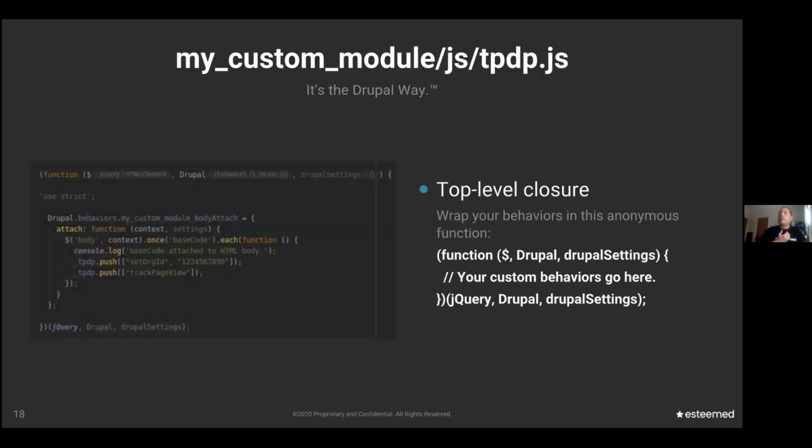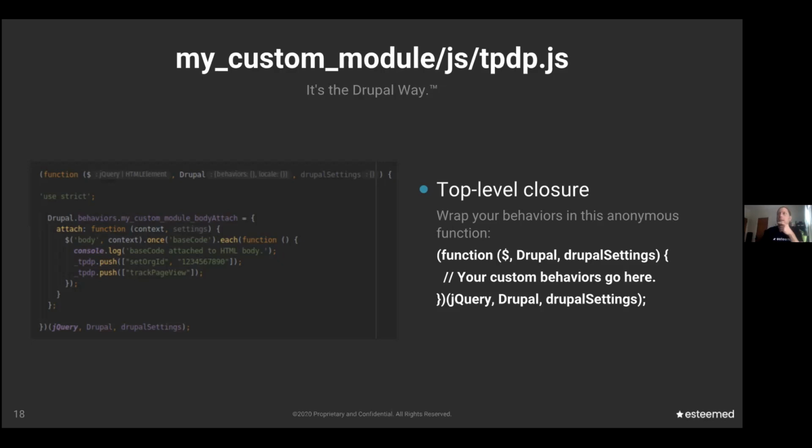Here is my custom module JS, tpdp.js. This is where you keep the guts of your library. And this is how you define a behavior in a text file in your custom module library. All JavaScript behaviors must be declared inside of a closure. This is for variable scope.